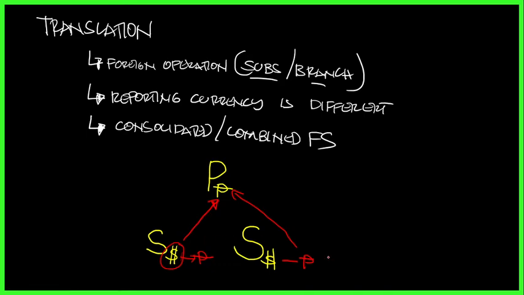Okay, let me first tell a story, because many people get confused. Sir, when we read the books, there is remeasurement, translation, the current rate method, the temporal method which is actually old, and the integral, and sometimes we get confused because based on the standard we are just using one method.